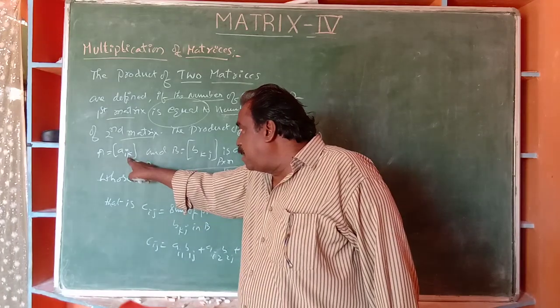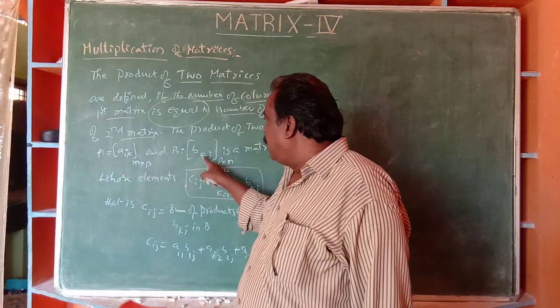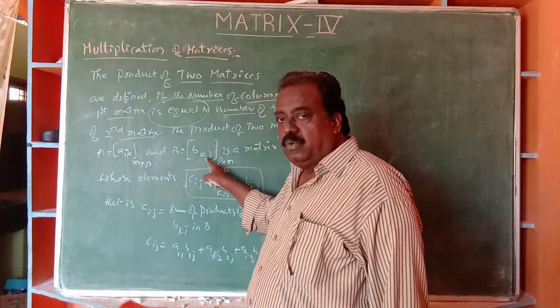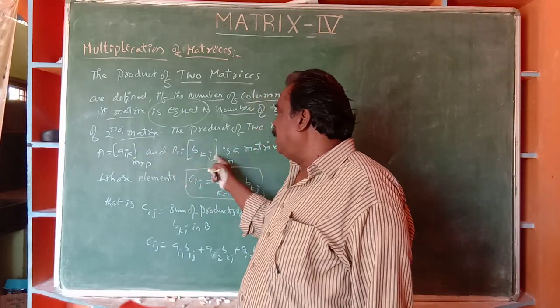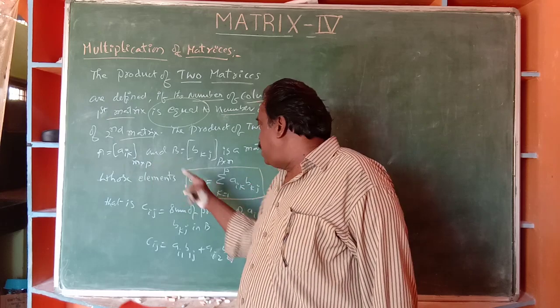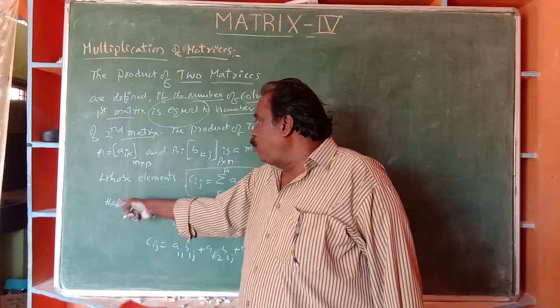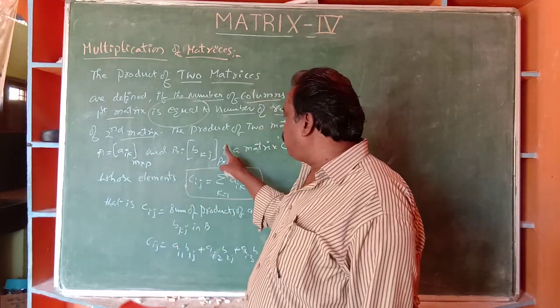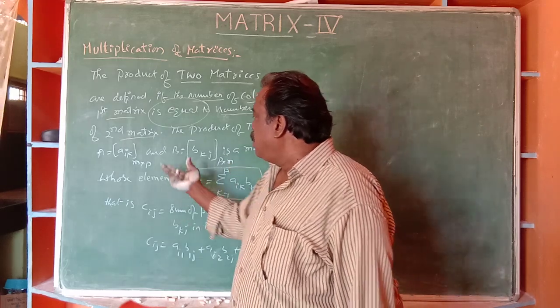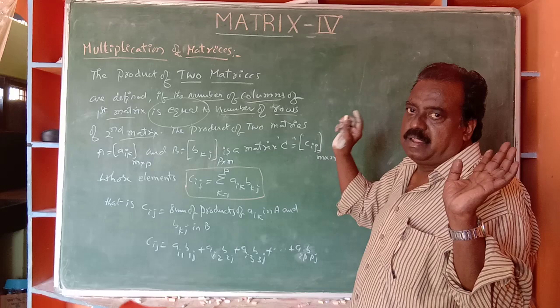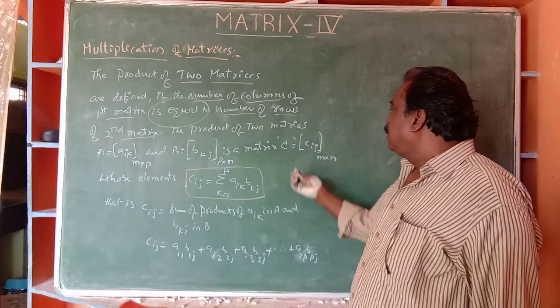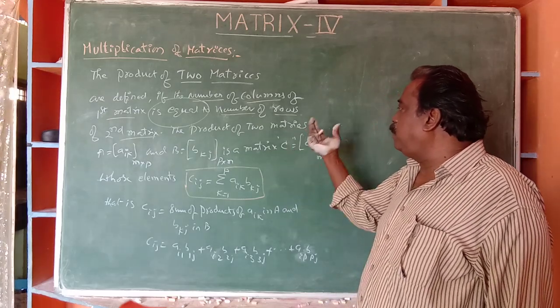Here the number of columns of the first matrix and the number of rows of the second matrix must be the same. Aik, Bkj. Here M by P, P by N: M rows, P columns; here P rows, N columns. But the resultant matrix is M by N. That P is deleted.